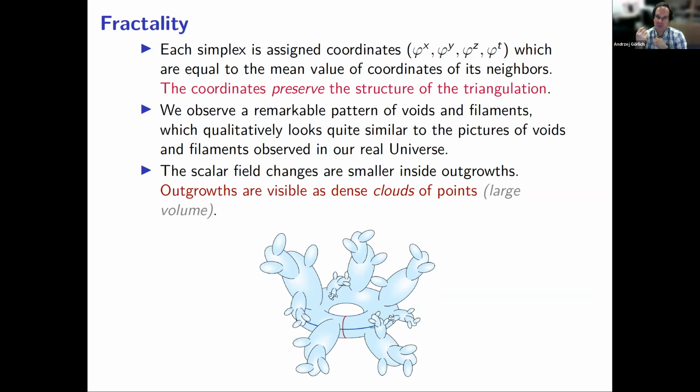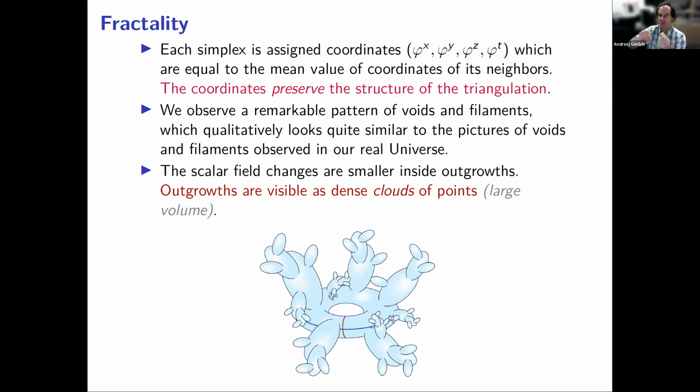So, just to sum up what I told before, each simplex is assigned coordinates phi x to phi t, and because there is a solution to this Poisson equation or this Laplace equation, the value at a given simplex is just equal to the mean of the values of the scalar fields of its 5 neighbors. Every simplex has 5 neighbors because it has 5 sides.